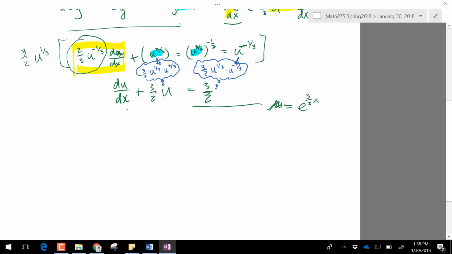The integrating factor is e to the 3/2 x. So this is going to be e to the 3/2 x times u, equals 3/2 e to the 3/2 x, and then you integrate.